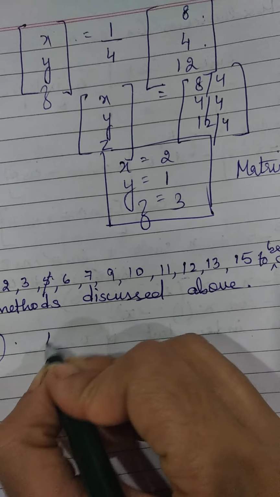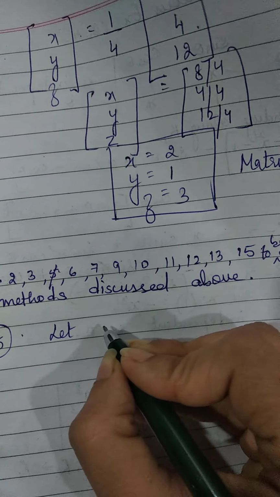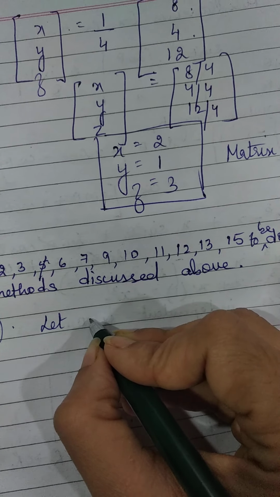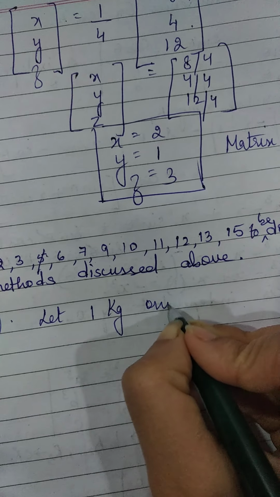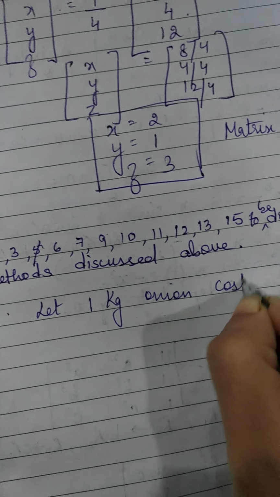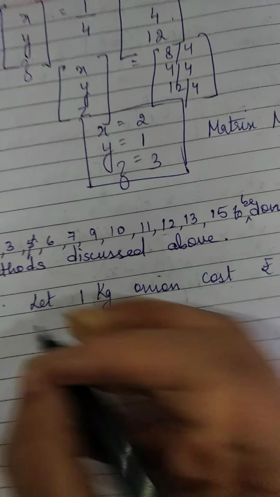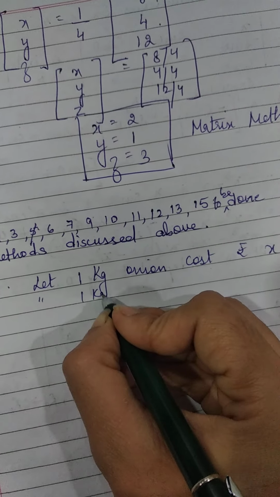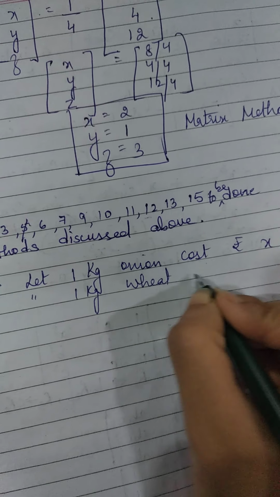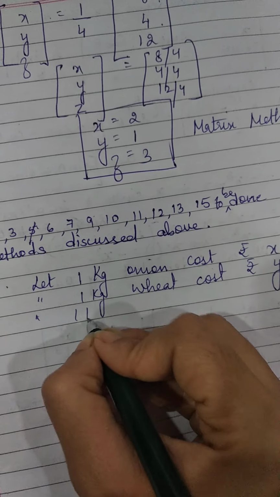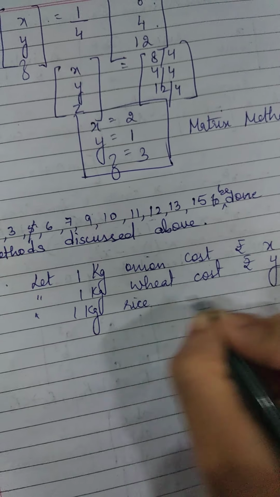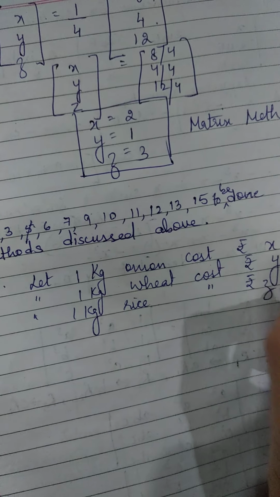So let one kg onion cost rupees x, let 1 kg wheat cost rupees y and let 1 kg rice cost rupees z, right?